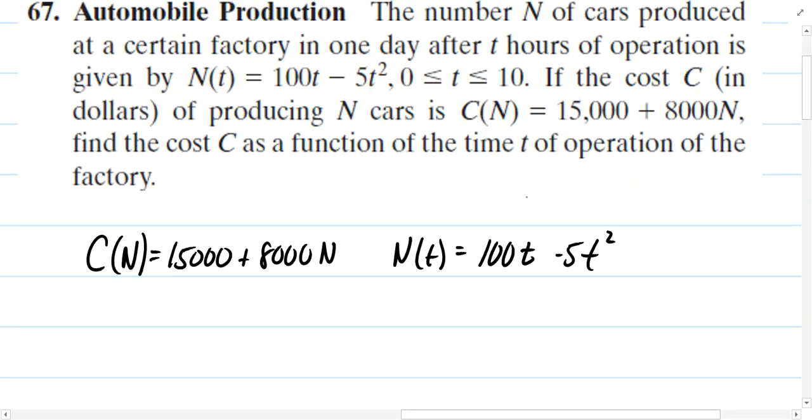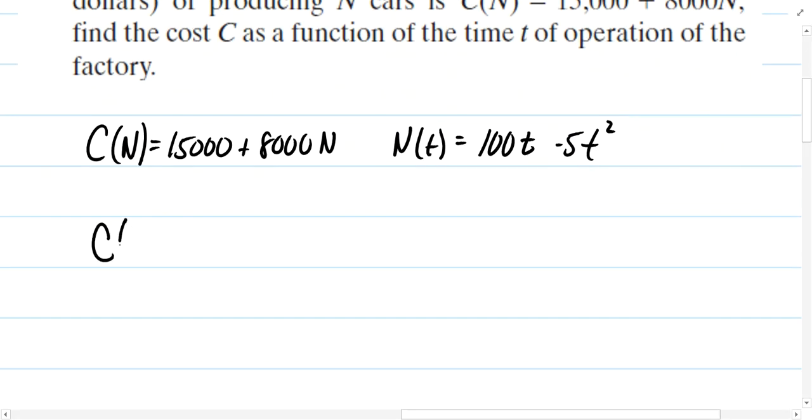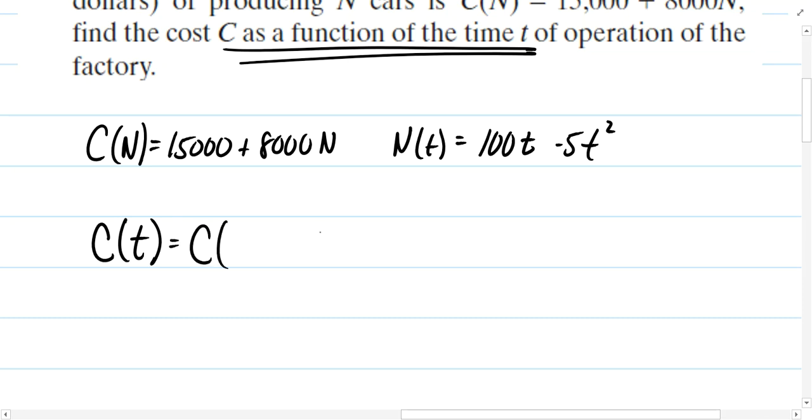If our objective is to determine what the cost based on time is, which is what we were asking for right here, then we would take the cost function that requires some n value, and the n value which requires the t value that we're after will be composed in this order. It's important not to switch these two.